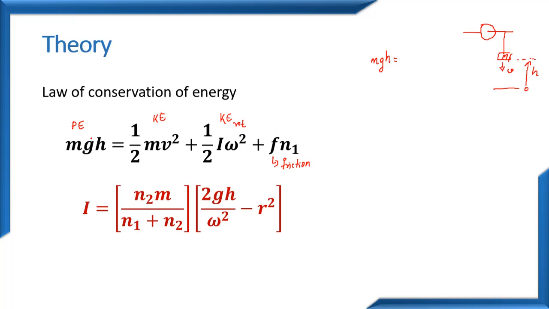The potential energy stored is used up as the linear kinetic energy of the mass which is falling, the rotational kinetic energy of the flywheel, and also as the frictional loss. Now the friction increases with the number of rotations. We know that the flywheel will be attached to some kind of ball bearing system at these two ends.